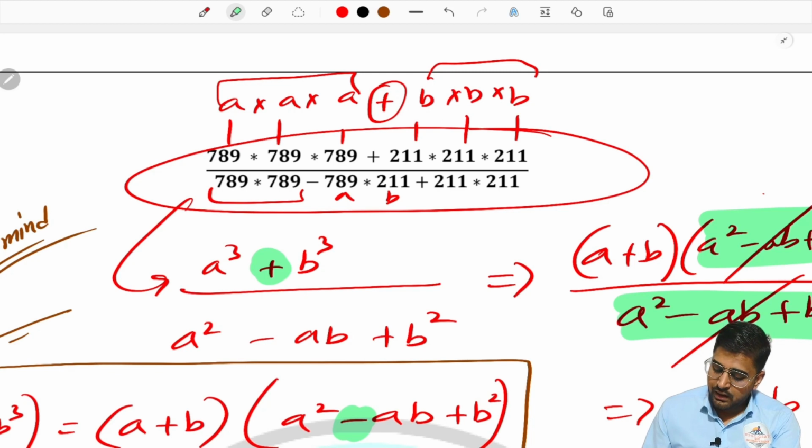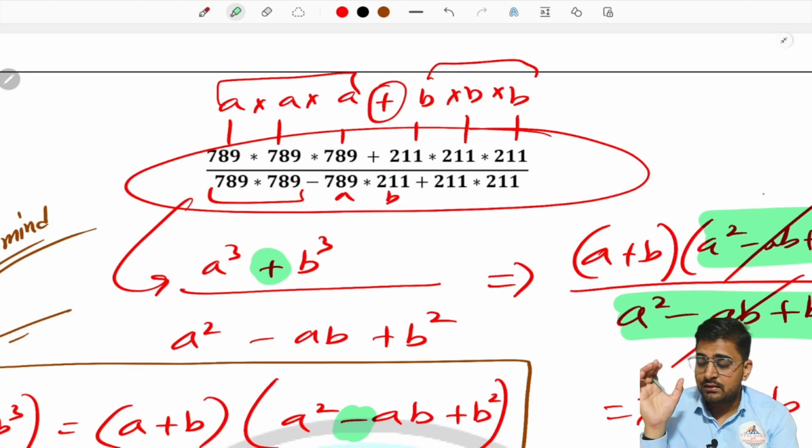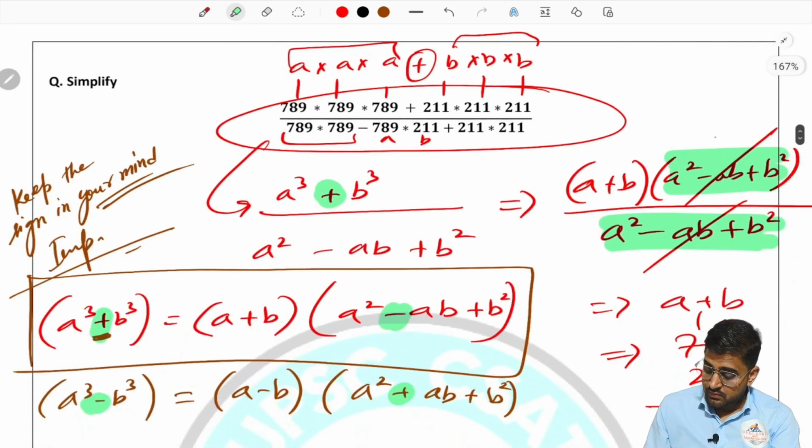Then I do nothing, just add these two terms and mark my answer. This is that easy. But for explanation purposes, I put it in this way.